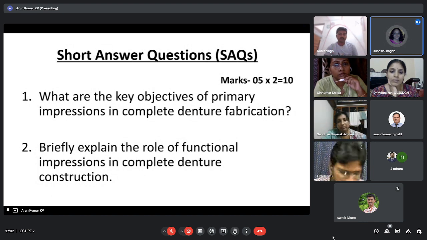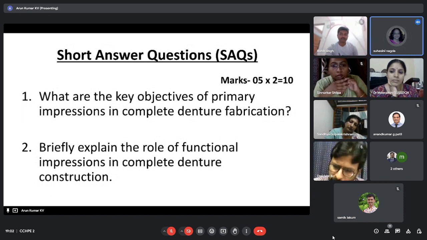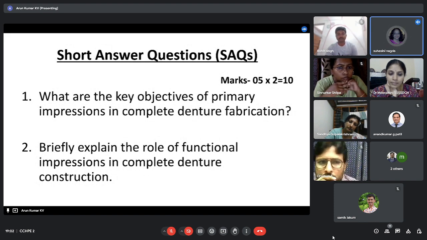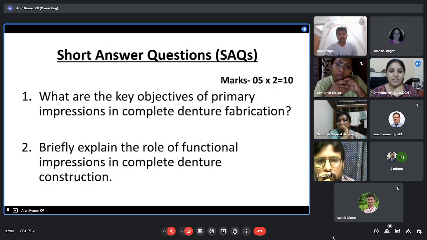So this question doesn't have that kind of higher validity and doesn't have the reliability too. Because if I say key objectives 1, 2, 3, 4, but if you are asking to explain the objectives, ma'am, it need not be.